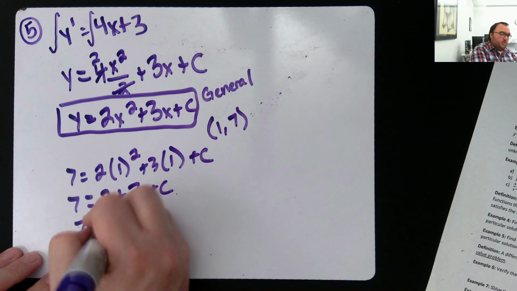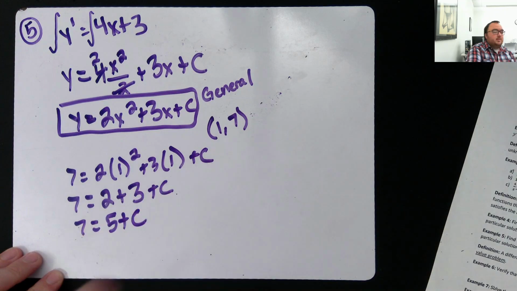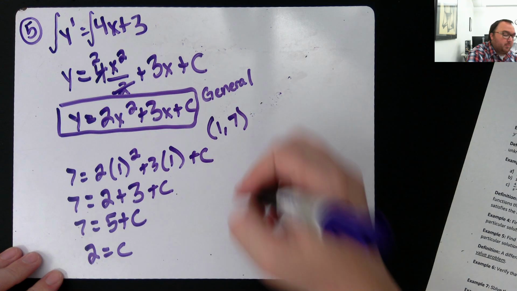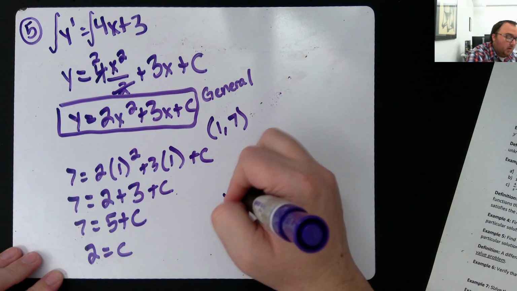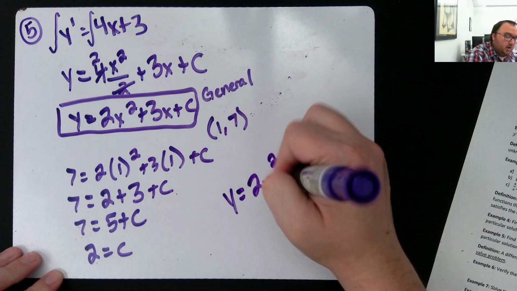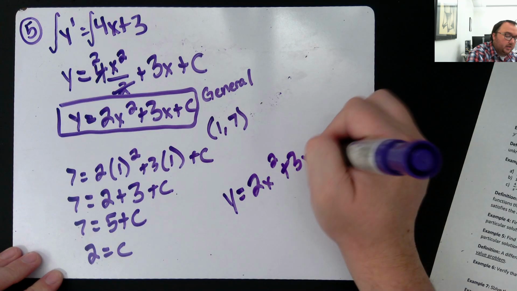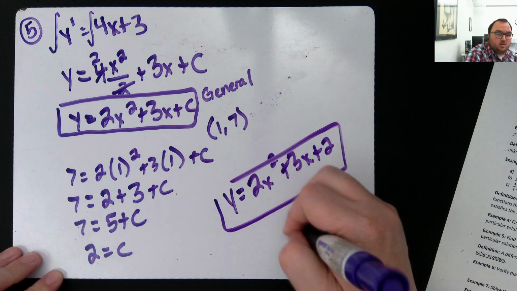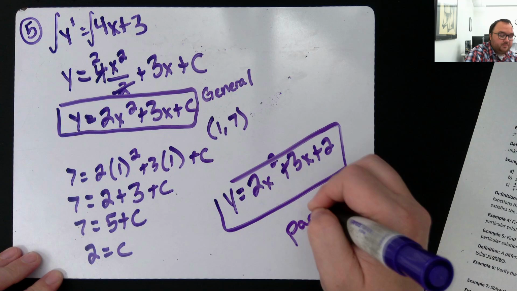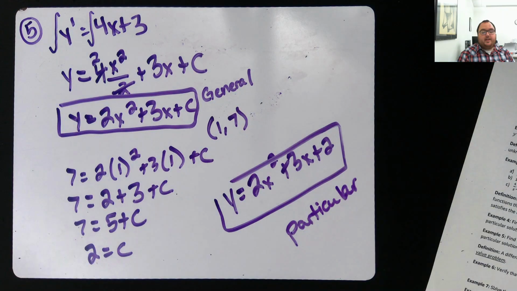So 7 equals 5 plus c. Subtract 5 and you get 2 for c. So the particular would be y equals 2x squared plus 3x plus 2. That's the particular. Again, these few we did were like basic as it could possibly be. As we move on, we are going to learn harder ones than just this.